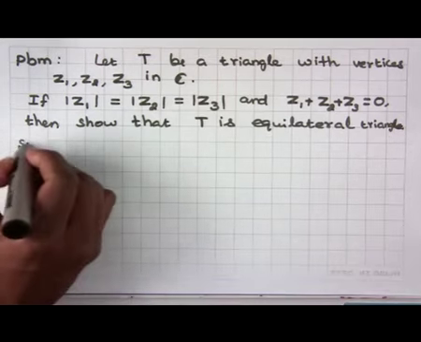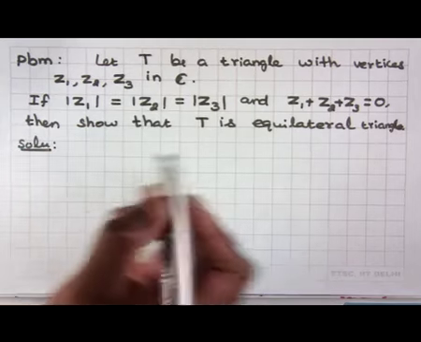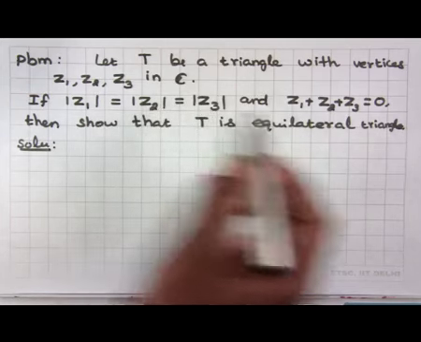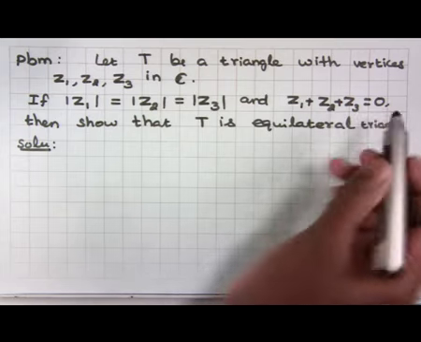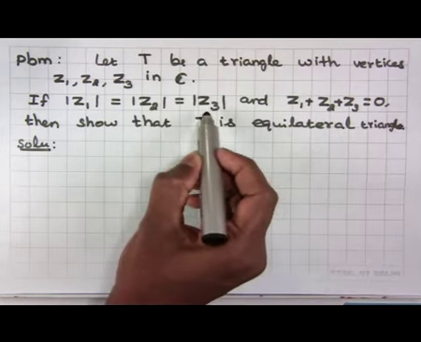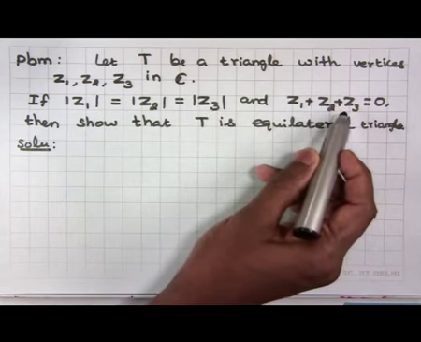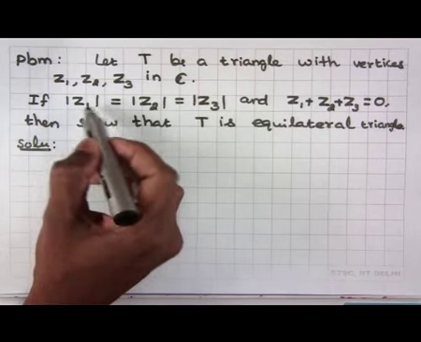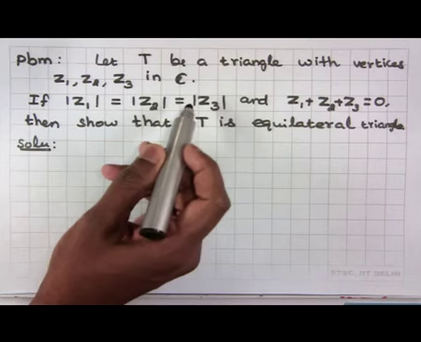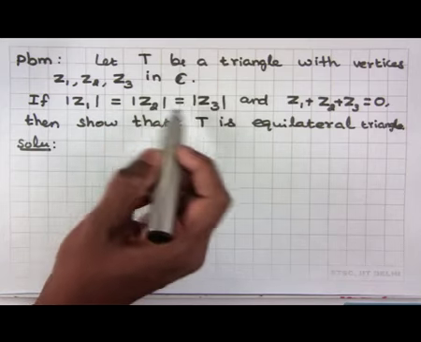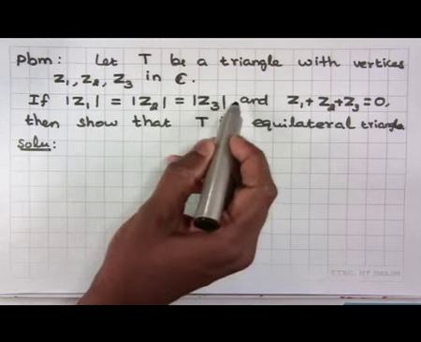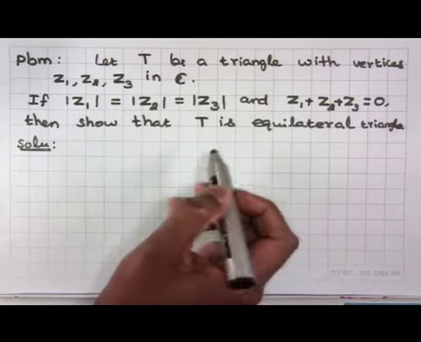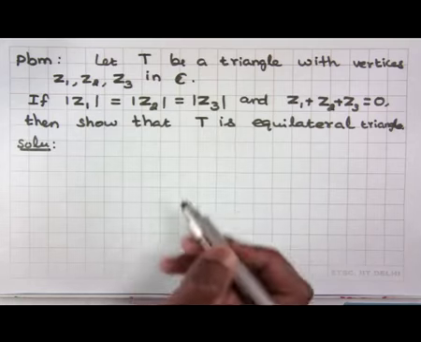What is given to us is 3 vertices with equal magnitudes and their sum is 0, which is almost like the cube root of unity property. But for cube roots of unity, the modulus is 1, whereas here it is only given that the moduli are equal, and we do not know whether they lie on the unit circle or outside it.